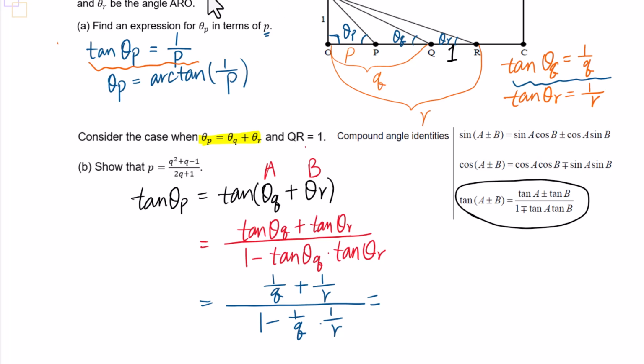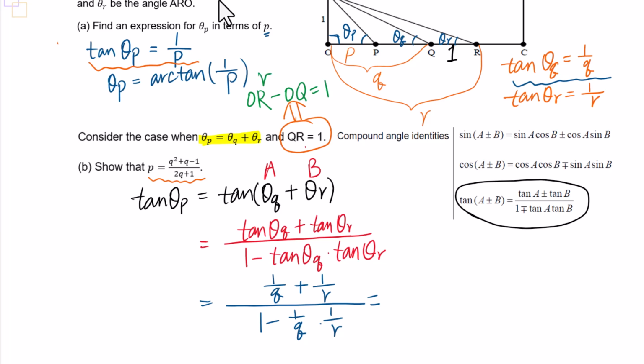We need to figure out the relationship between Q and R, because in the identity we want to prove, on the right side we only have Q as a variable. QR equals 1, which means OR minus OQ equals 1.